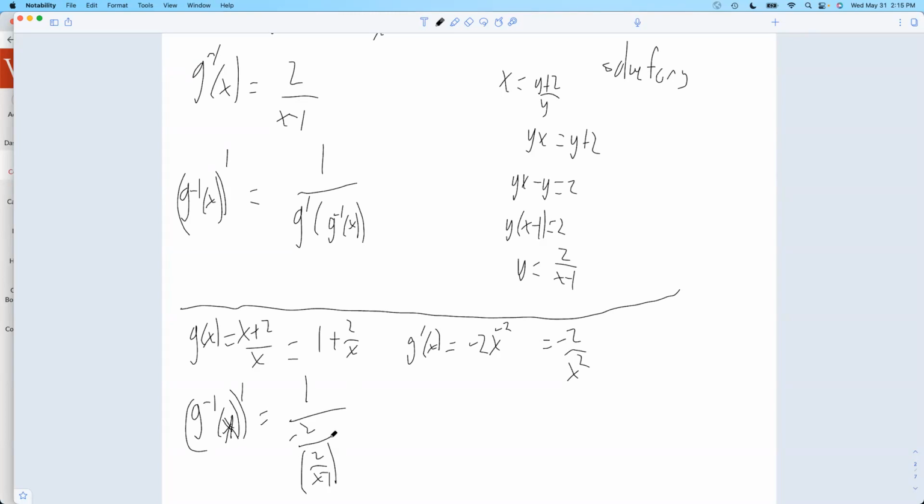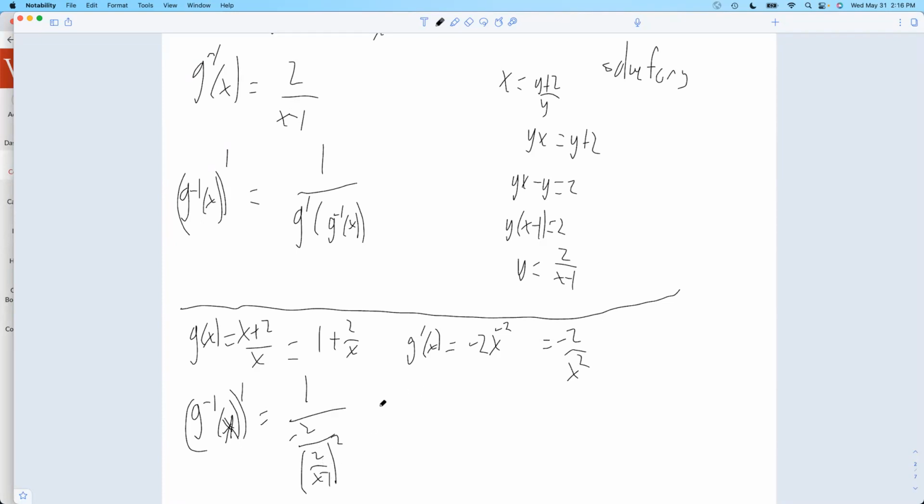So I took the inverse and I plugged it in to that x. So the derivative of the inverse is 1 over, so that's why it's 1 over here, the original function's derivative evaluated at the inverse.